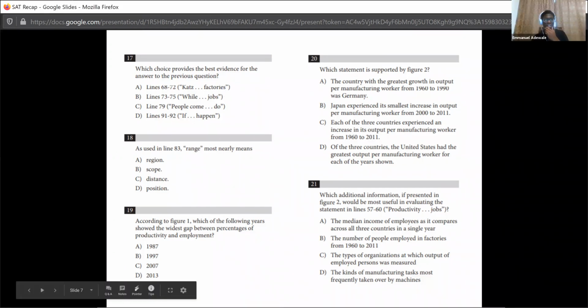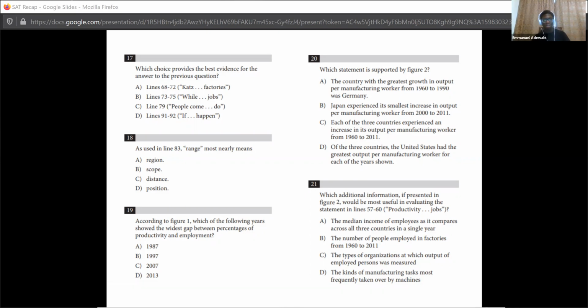So I'm seeing a lot of people answer B for this one. If anybody else wants to answer in the chat, please feel free. Okay, so the correct answer for question number 18 is in fact B.